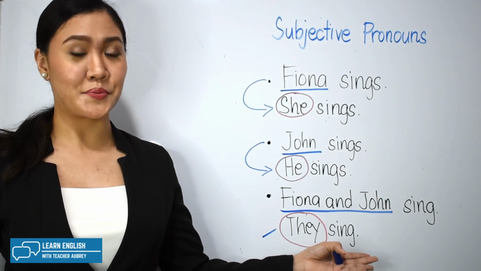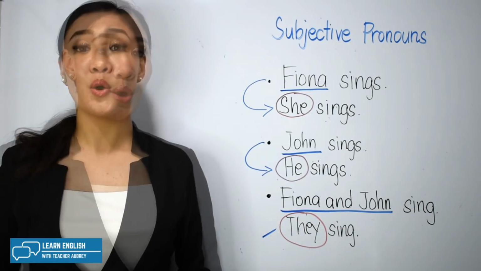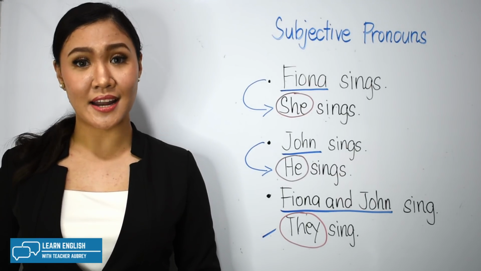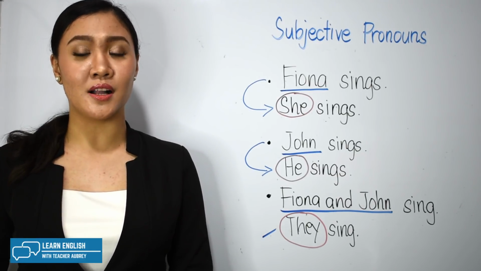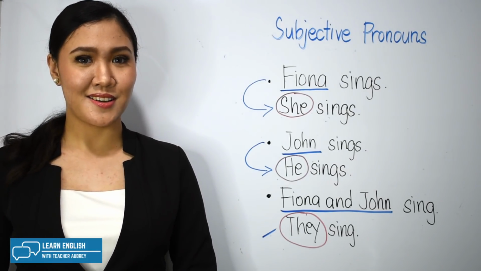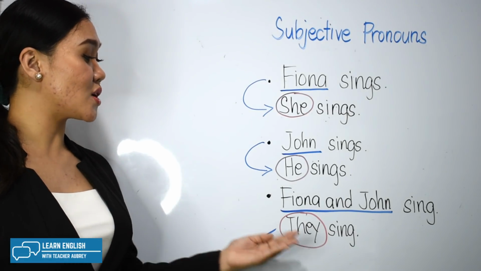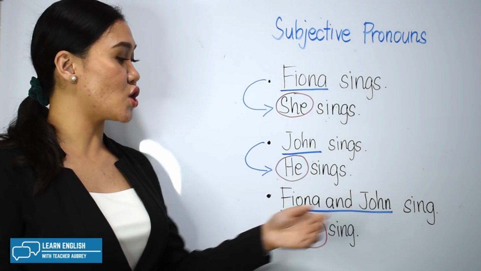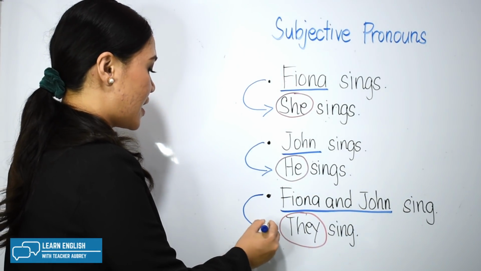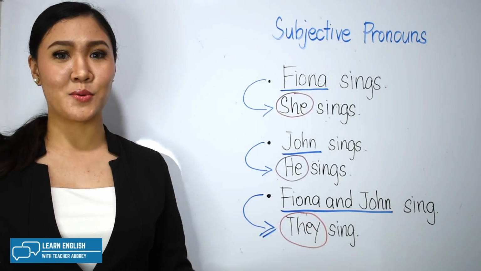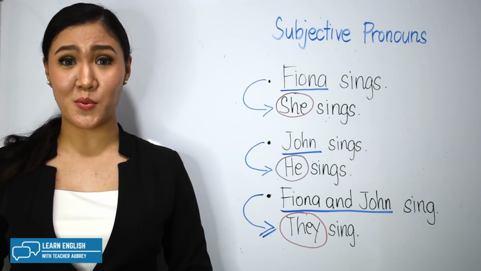They sing. Once again, if we are going to substitute a subject or a noun that is plural, they are two or more, we need to use the subjective pronoun they. We substituted Fiona and John into they. Once again, let's read them one by one.